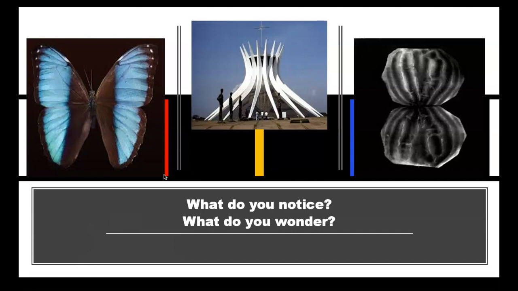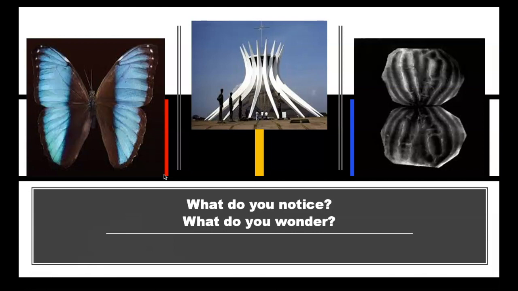Well, one of the things that you may notice is what? They seem to have a dividing line that gives us two identical images on each side. Now it's up to you to figure out where the dividing line may be. You have a butterfly.